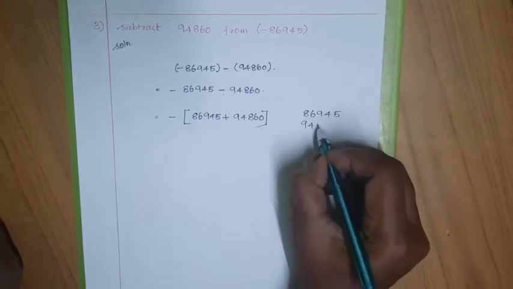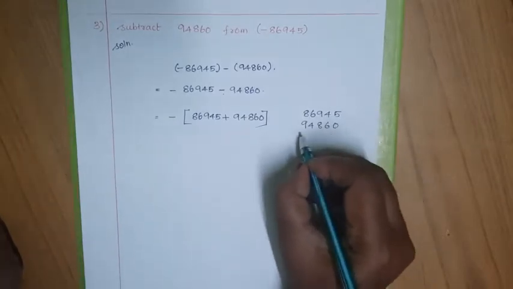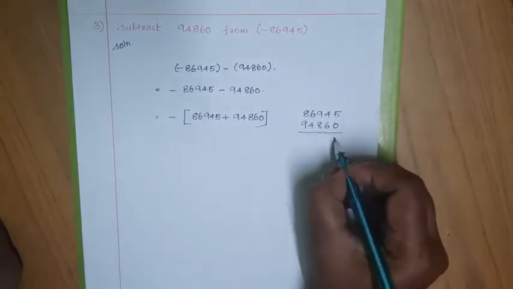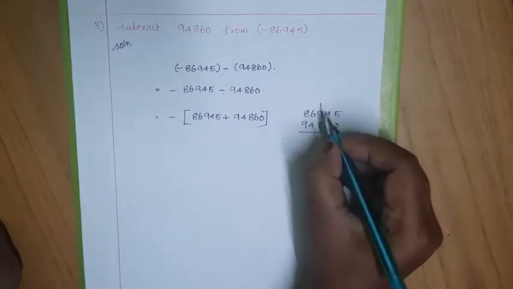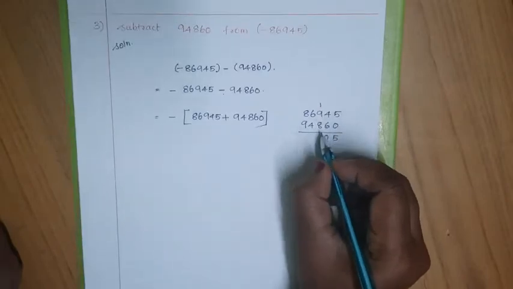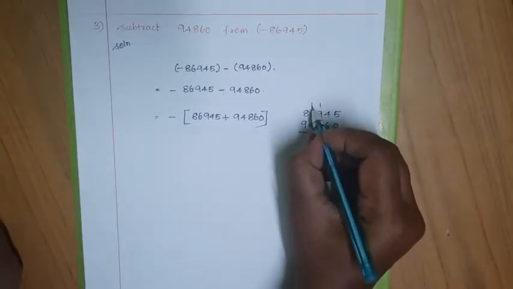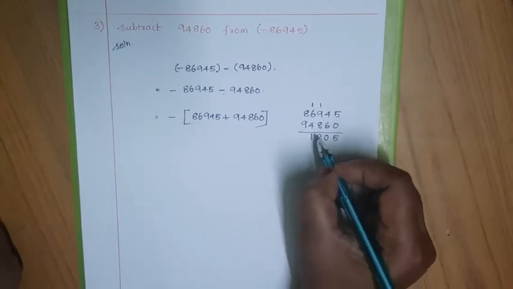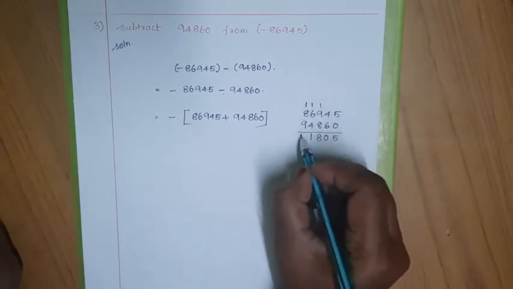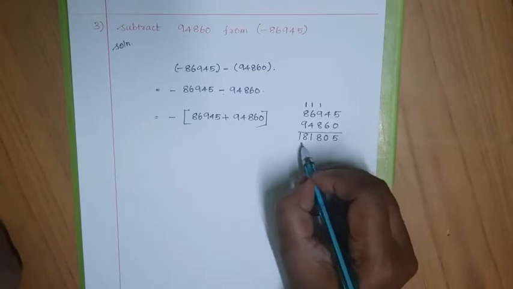86,945 and 94,860. Adding 5 with 0 we get 5, adding 4 with 6 we get 10, remaining 1. Adding 1 plus 9, 10, 10 plus 8, 18, carry 1. 1 plus 6, 7, 7 plus 4, 11, carry 1. 1 plus 8, 9, 9 plus 9, 18.